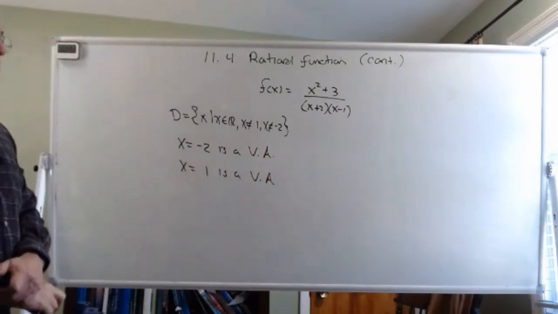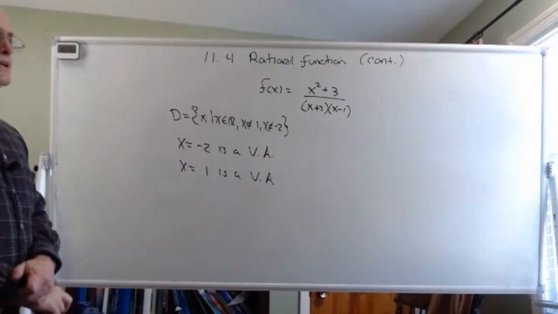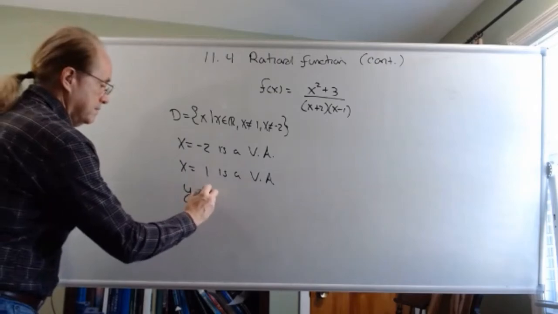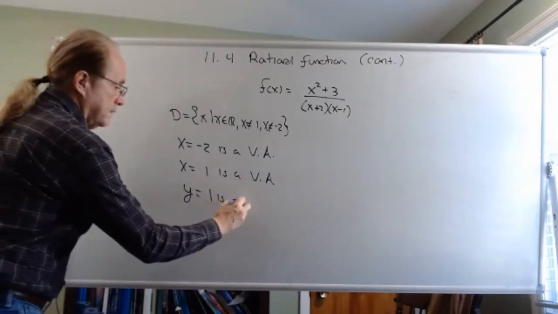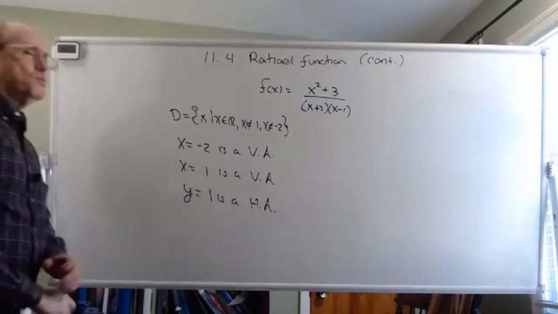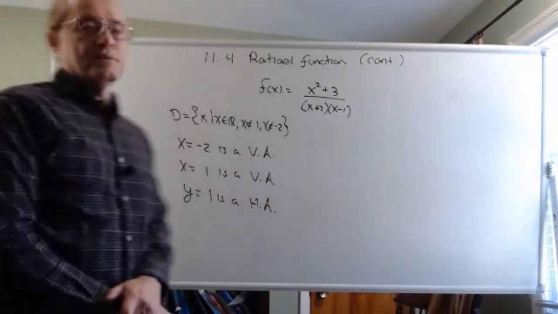Two vertical asymptotes. And then what you're going to see is y equal to 1 is going to be a horizontal asymptote.